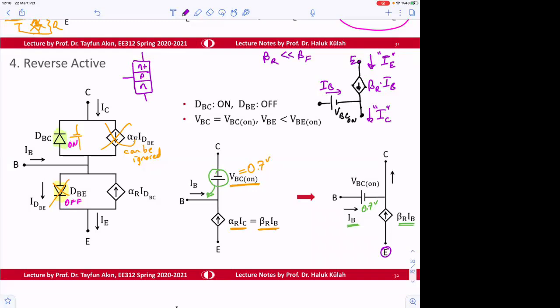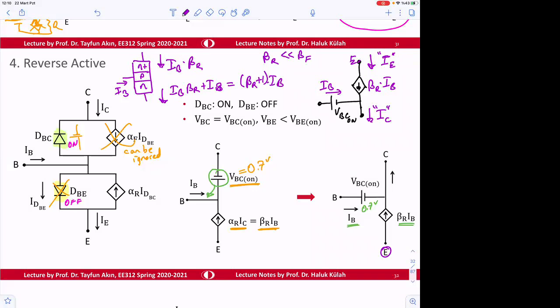Beta R is much smaller than beta F, okay? But here, the current in this direction is going to be, if this is I base, this is going to be I base times, instead of beta F, now I am calling it beta R. And here, the current is I base times beta R plus I base. Or another way, beta R plus 1 times I base.